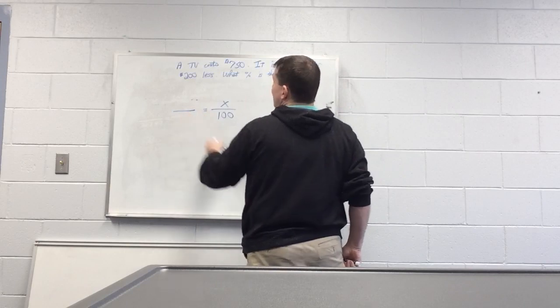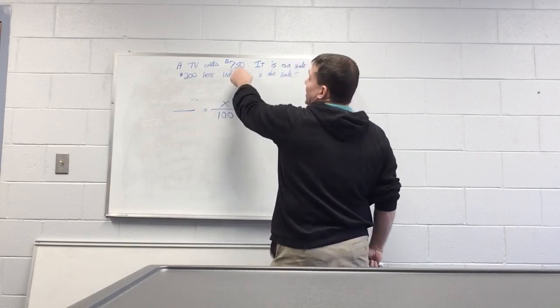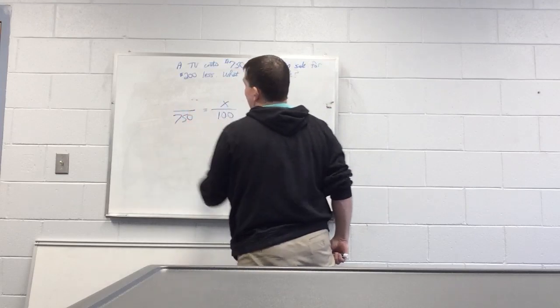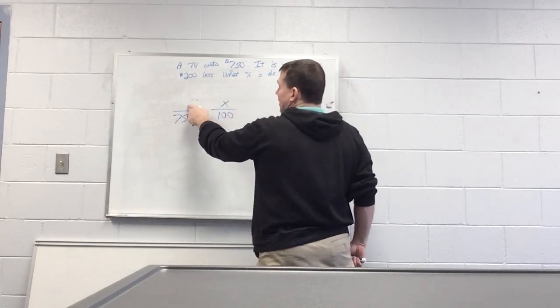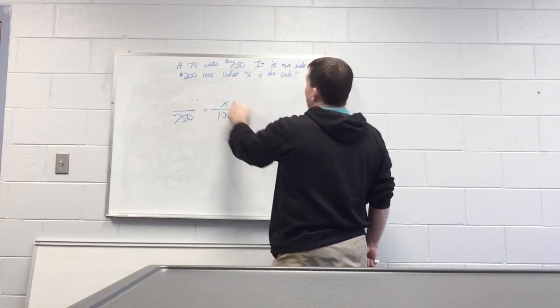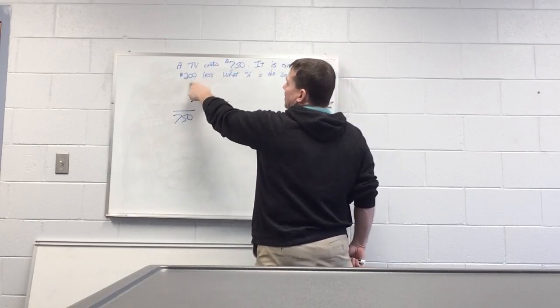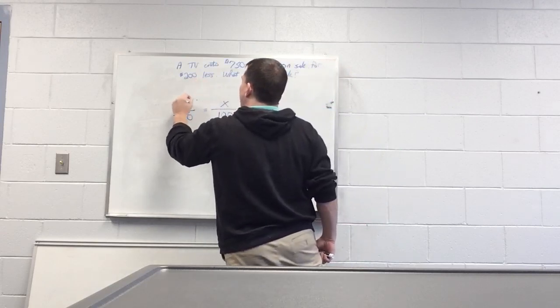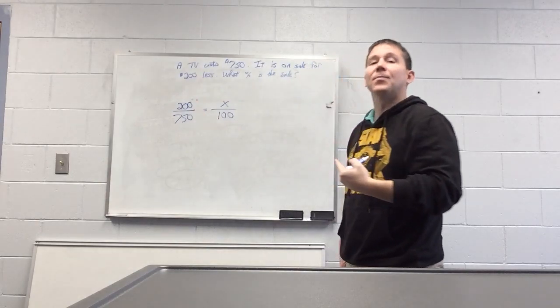This has to be the total. Well, the total is the original price before it changes, so that's got to be 750. And now this number should agree with this number. It should be the percentage. Well, yeah, because that's the discount. That's how much the price is reduced, which is the percentage off. So 200 goes there. Makes sense.